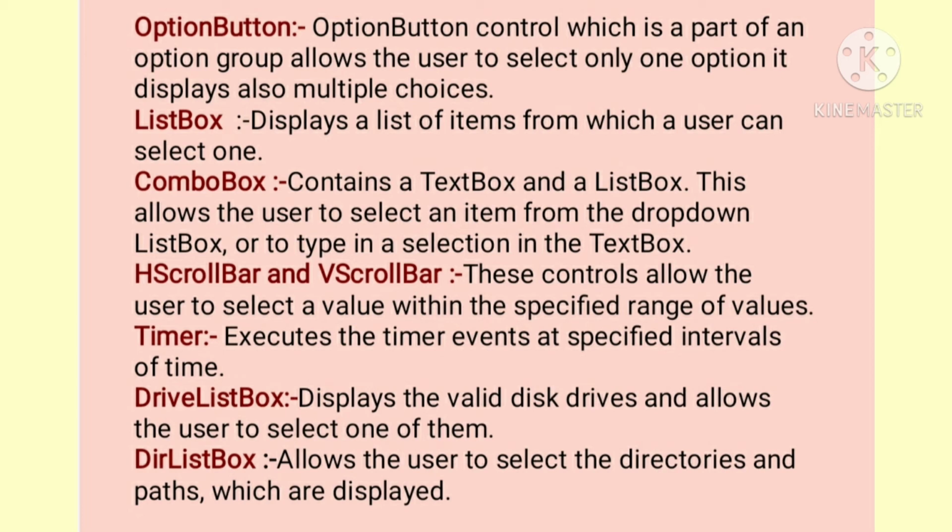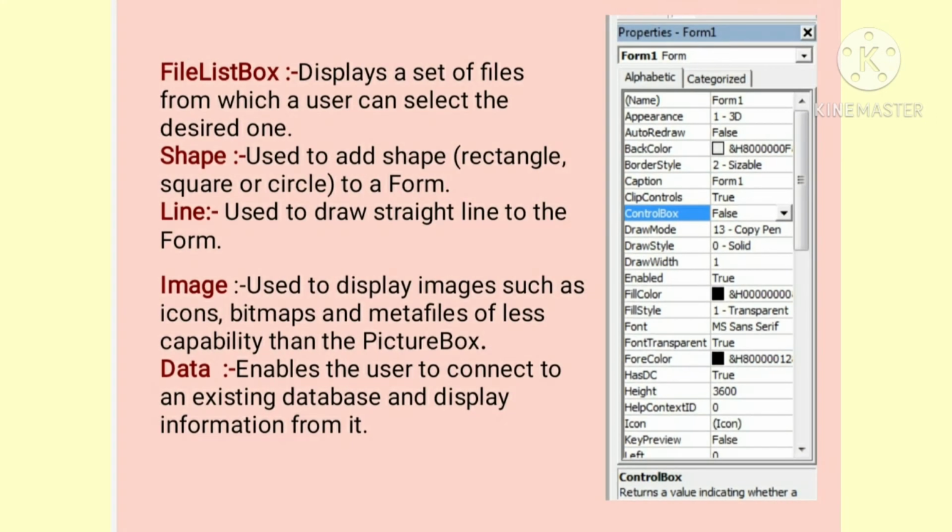Drive list box displays the valid disk drive and allows the user to select one of them. Directory list box allows the user to select the directories and path which are displayed. File list box displays a set of files from which a user can select the desired one.